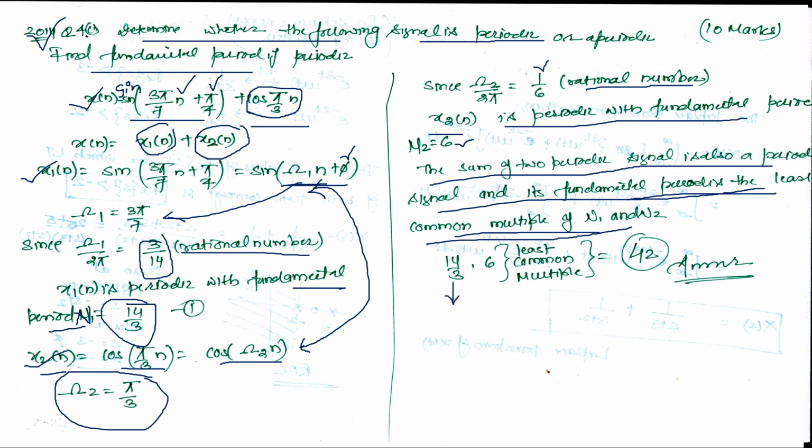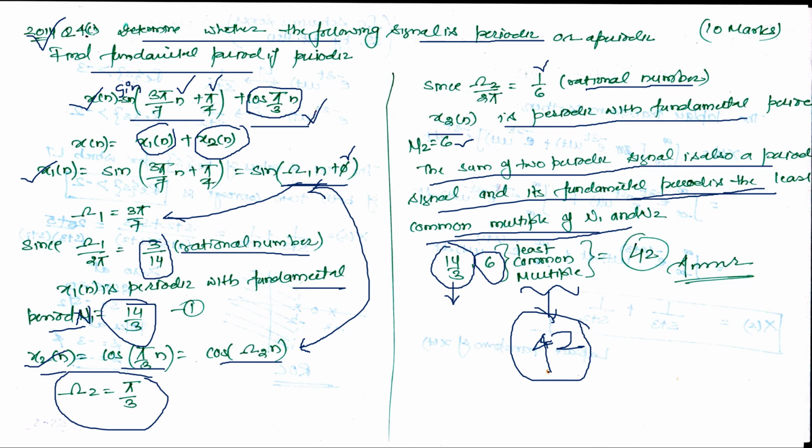For the first one it is 14 by 3. For the second one it is 6. If you take the LCM of these two, you will find this comes out to be 42. So 42 is the fundamental period of the signal which will be generated after adding these two signals.